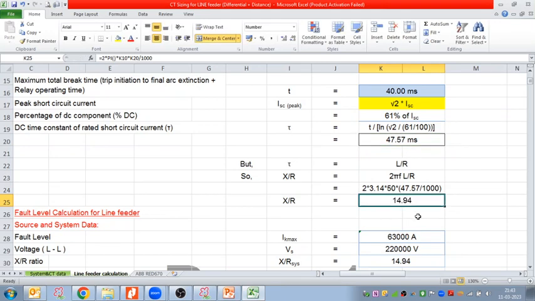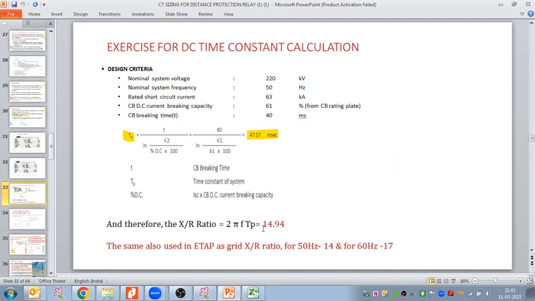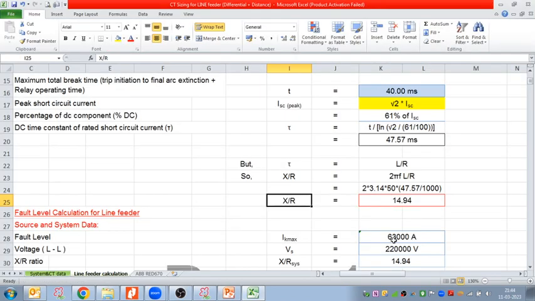So this is how we calculate the X by R, 14.94, the same value we have already calculated many times, and the same value we have mentioned here.